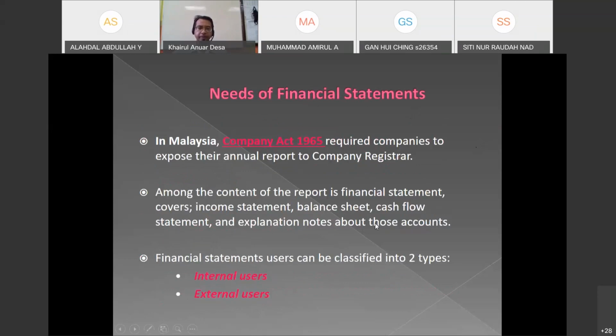Okay, in Malaysia, the Company Act 1965 requires all companies to expose their annual report to the company registrar. Before that, I just want to remind you, when you are in this class, when you are assigned in this course, you must assume or imagine that you are the financial manager in the company, because our focus is the company, how we manage the financial aspect in the company.